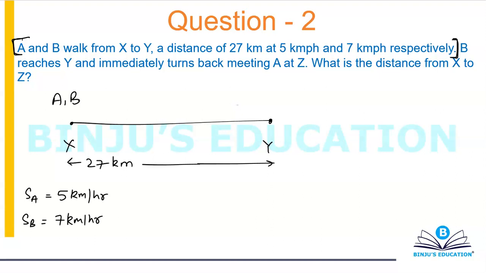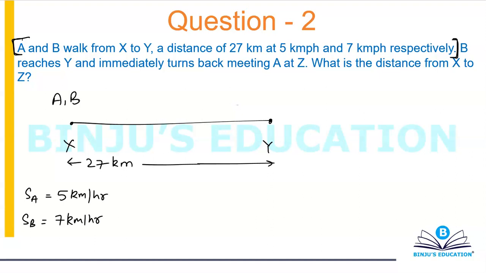I should have that mental thought process. I should have those mental calculations done. Since the speed of B is more and the question doesn't say anything about someone stopping in between, B should be able to reach Y first.